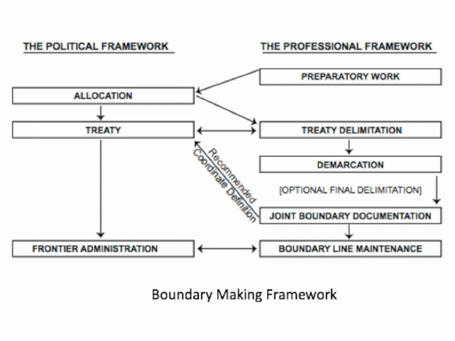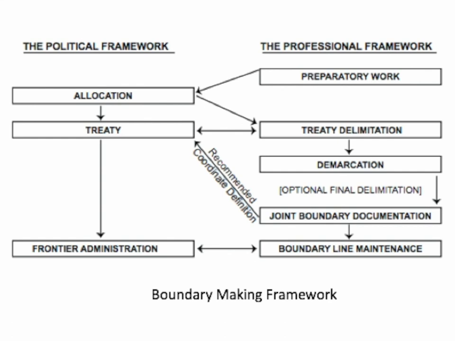Boundary making in an international frame follows this framework: there will be a political framework as well as a technical or professional framework. First allocation, then the preparatory work and treaty delimitation. In a treaty they will agree on a line, or an imaginary line.